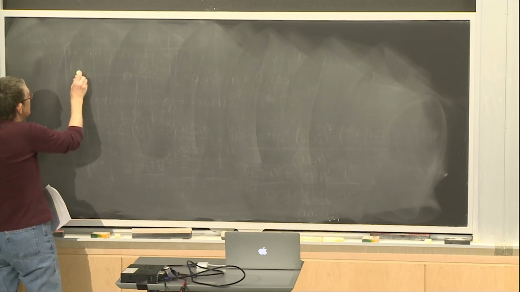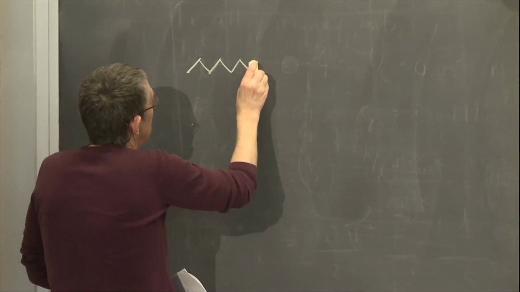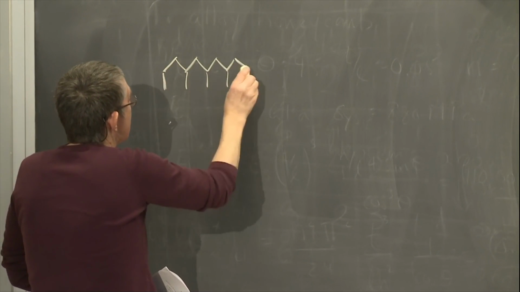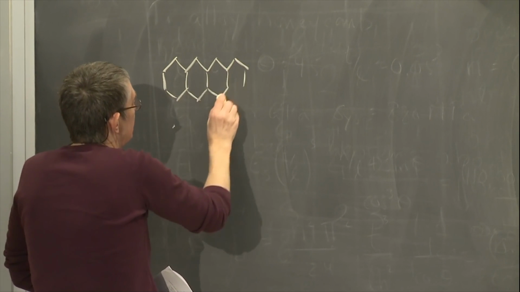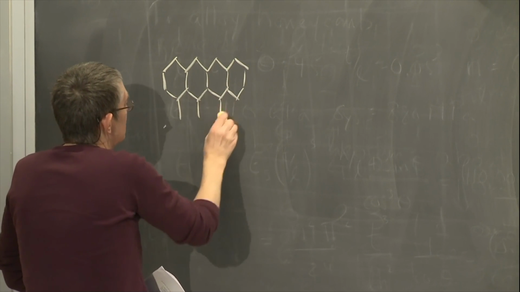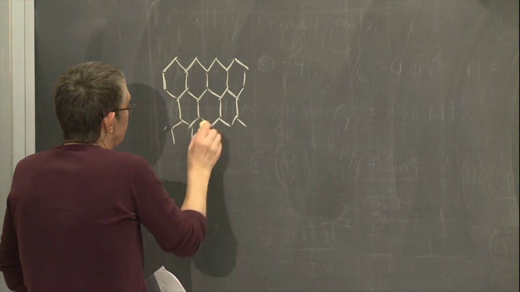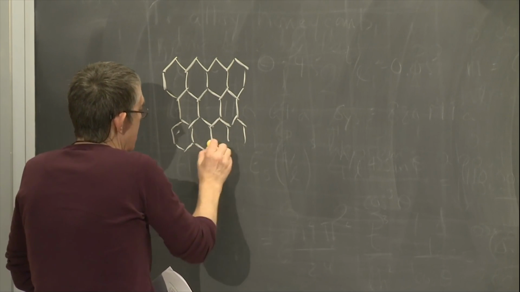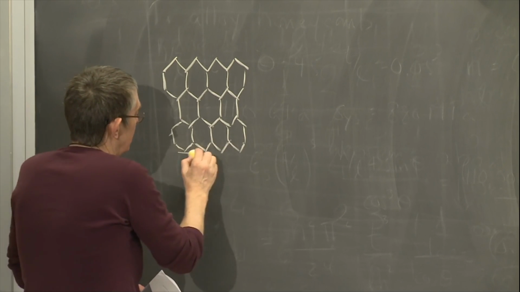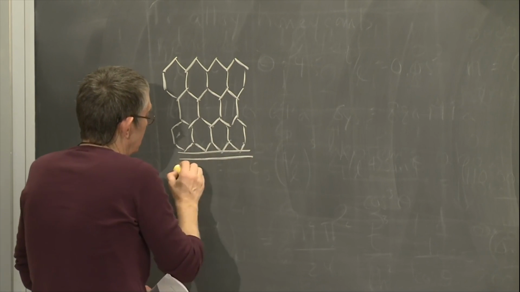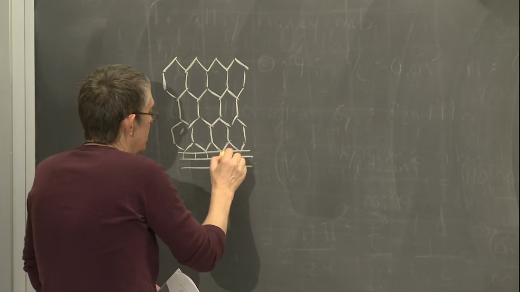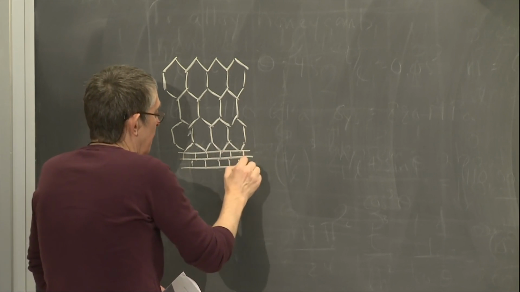Okay. So say the wood cells look something like this. So these would be sort of the fiber cells or the tracheids. And then the rays typically are more rectangular cells. So they might look something like that.